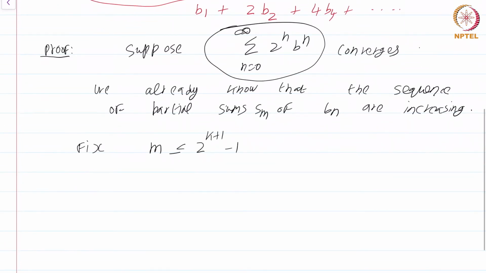Then the partial sum Sm is certainly less than or equal to S 2 power k plus 1 minus 1. The minus 1 is still there in the subscript. This is simply because, as I just remarked, the sequence of terms Bn is non-negative, therefore the sequence of partial sums will be increasing. Fine.